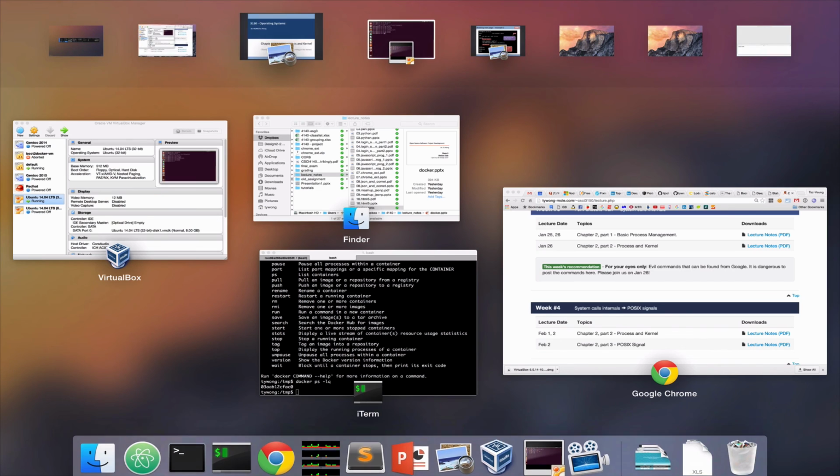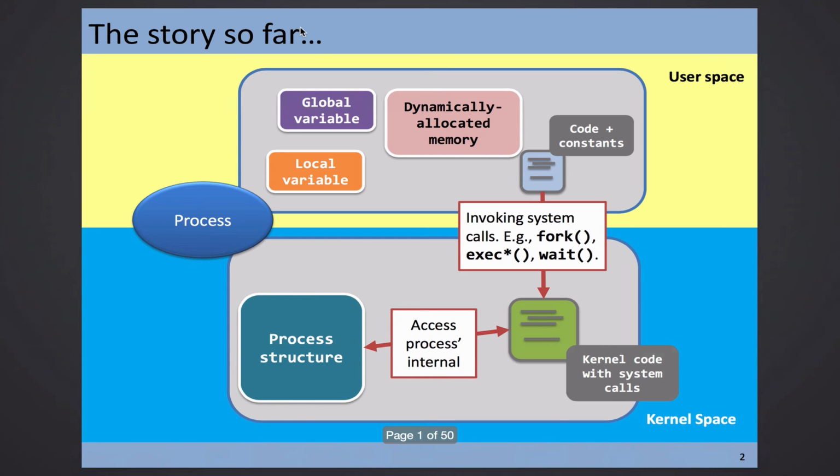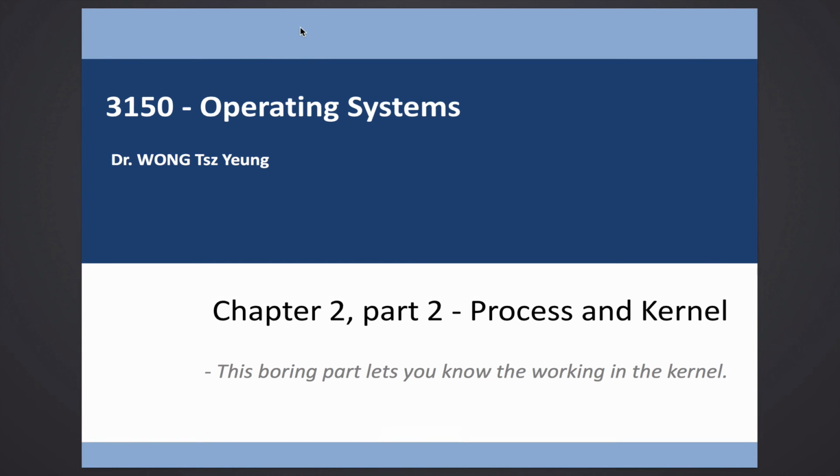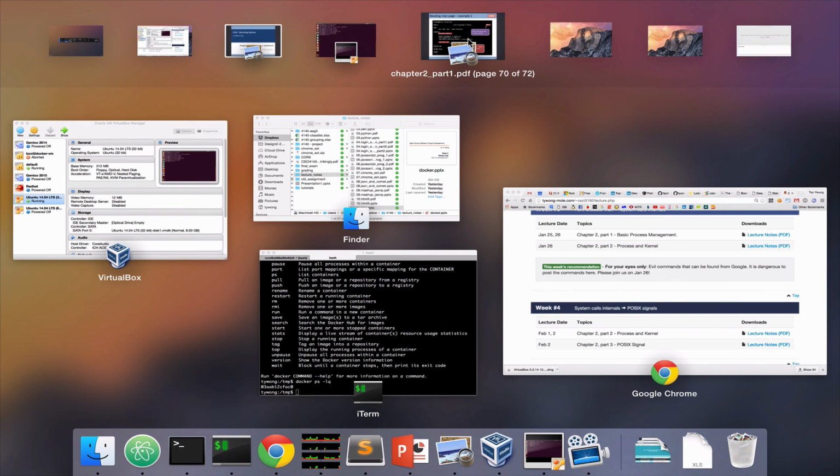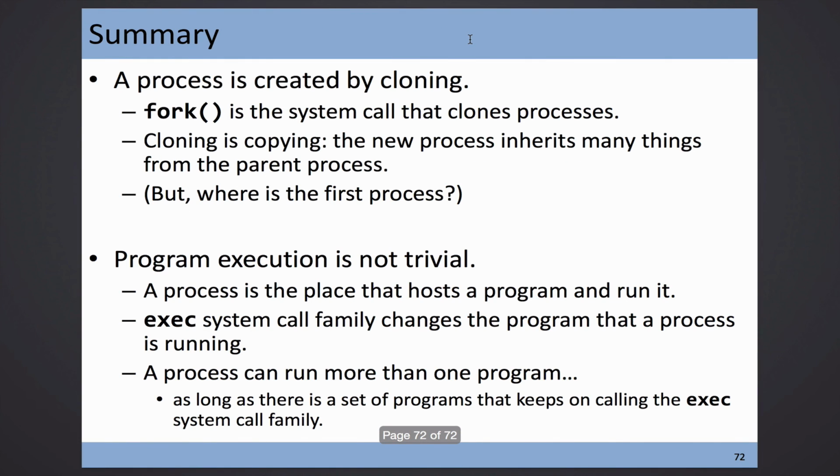All right, so I think it's time for me to stop for a while, and then we go to chapter 2. The concluding remarks of chapter 1 are very easy, right? We went on a long journey, but what we focused on is just the fork system call and its partners. The fork system call is the main character, and the partners are exec as well as the wait system call.